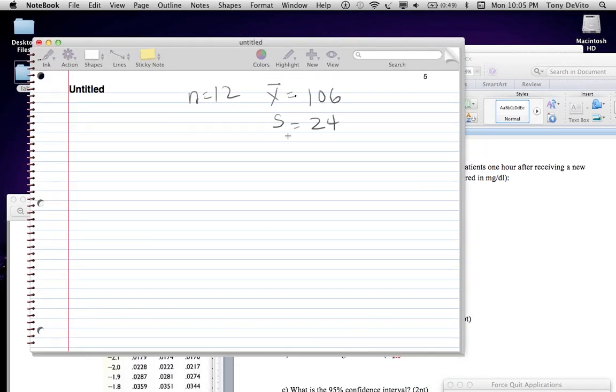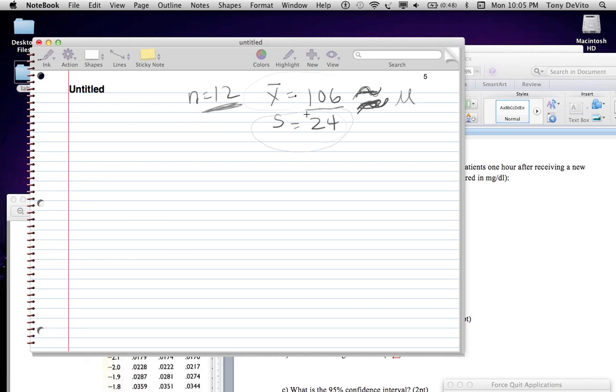Okay, so now what this is telling us is that in this particular case, with this sample size, we found a mean of 106, which we think approximates the population mean. It's not equal to the population mean, right? Otherwise, we wouldn't have to bother with any of this stuff. It only approximates the population mean.